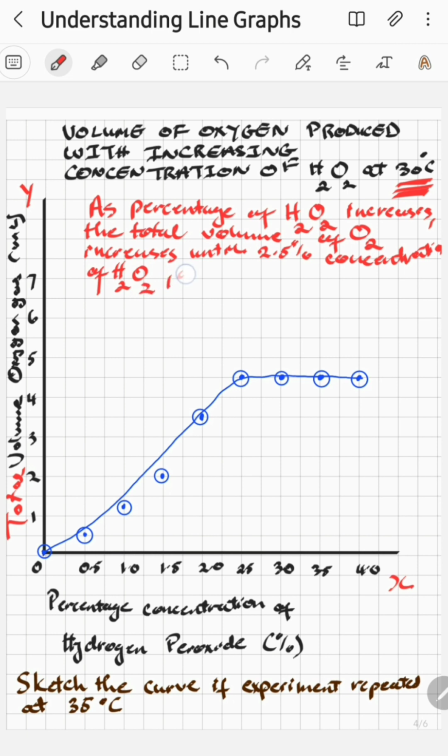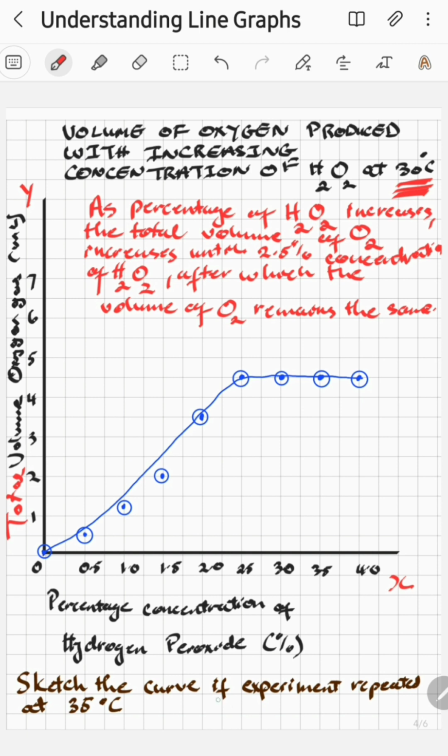And we say after which the volume of oxygen remains the same. Okay? So that is the same thing that we've been discussing before.